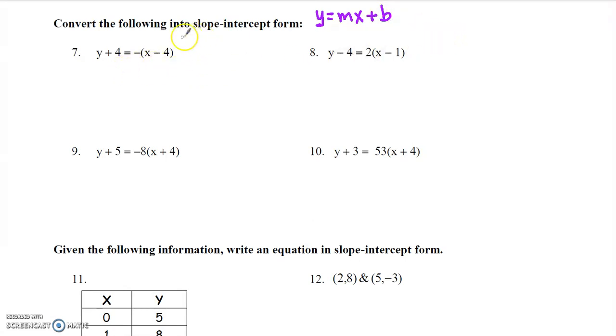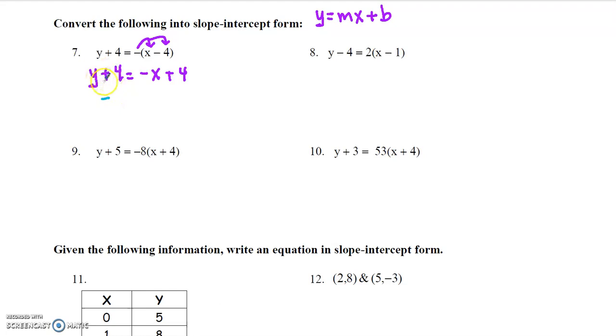So if I look at number 7, right away I see a parentheses and I have a negative sign in front. I need to distribute that negative sign so that I can eliminate the parentheses. So I have y plus 4 equals a negative x, and then a negative times a negative will give me a positive. And then to get my y by itself, I need to get rid of this 4.